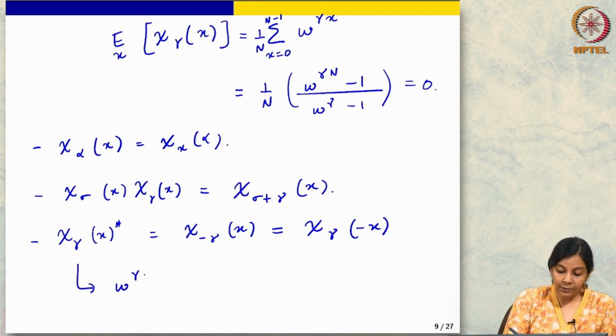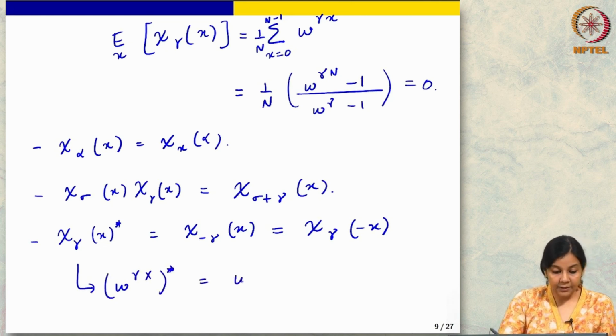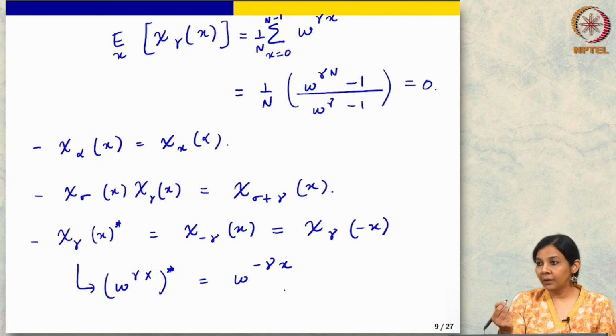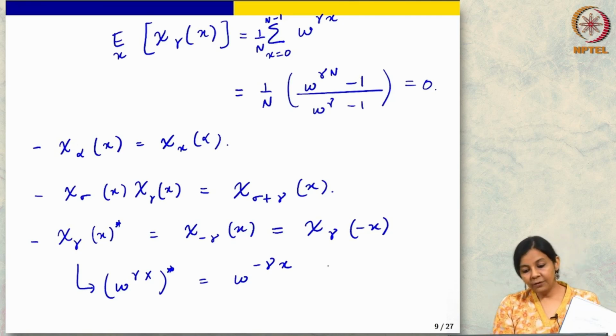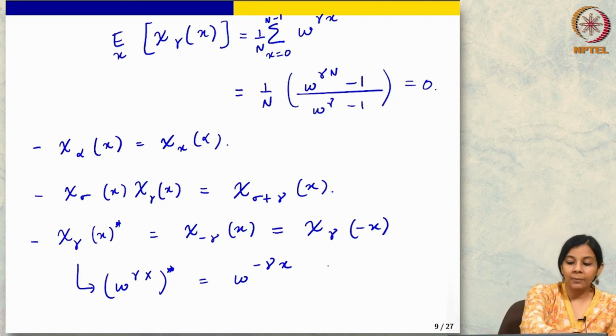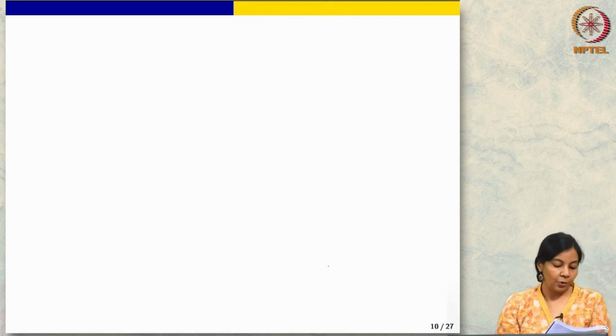It is omega to the gamma x the whole conjugate, right, which is nothing but omega to the minus gamma x. Does everybody agree with this? Just think of omega as e to the 2 pi i by n, write it as cos plus i sine, and then the conjugate will flip the sign, right. So, you will get this, and this will give you what you need. Okay, so now equipped with these properties, we can immediately conclude that these form an orthonormal basis, right.